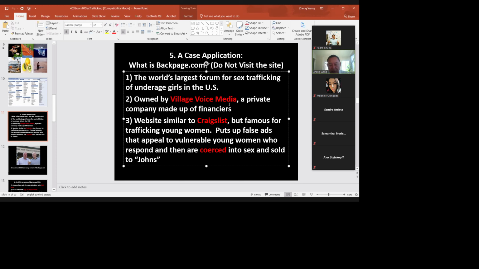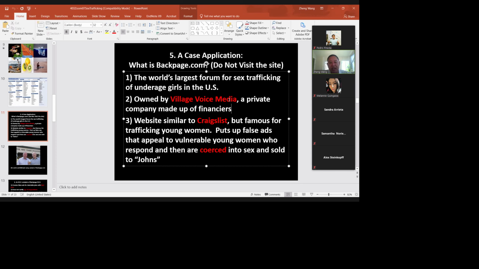Backpage smuggles the victims into the United States. They put false ads there, appealing to vulnerable young girls, to lure them on a trip to the United States, all college students, and then finally they are coerced into sex or sold to Johns.